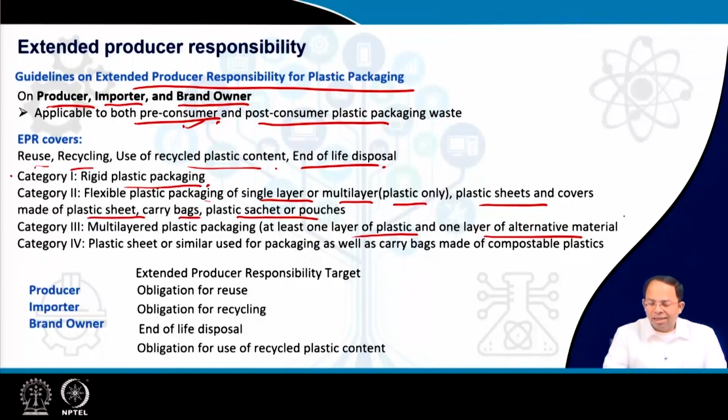Multi-layer could be all layers of plastic, which has to be dealt with differently, whereas other multi-layered packaging, like Tetra Pak, uses not only plastic but other materials. Category 4, the final one, is plastic sheet or similar use for packaging, as well as carry bags made of compostable plastic. This is separate from the other kinds of plastic.